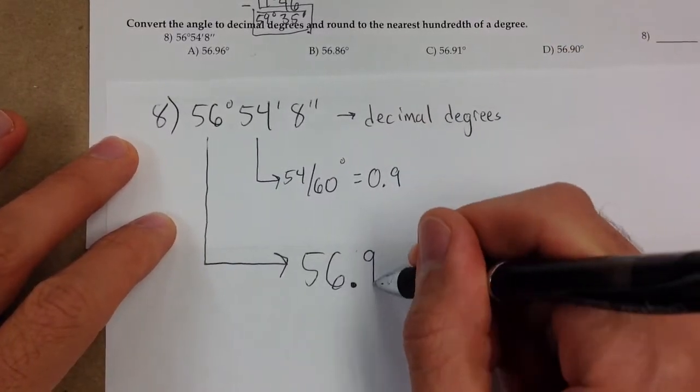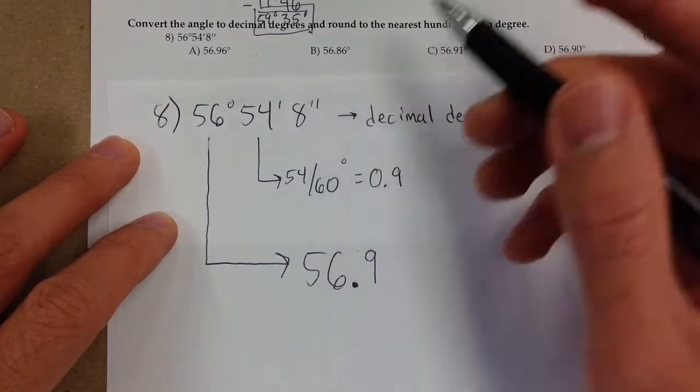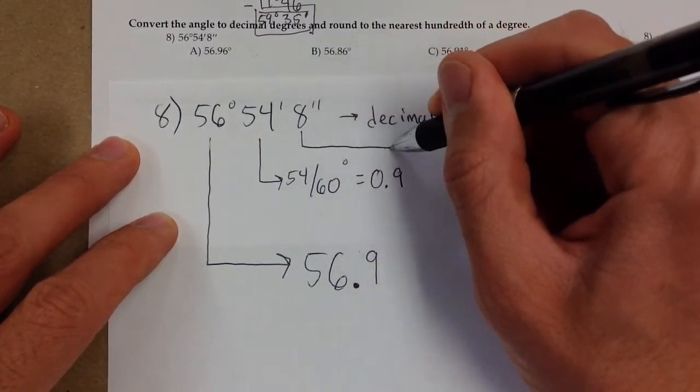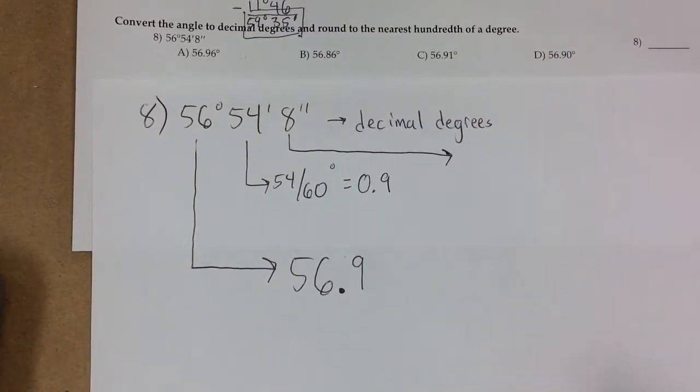So we have part of the answer now, but we have to incorporate the last part here. So, another question for you, Celine. What do you know about seconds with regards to minutes? Think about time.